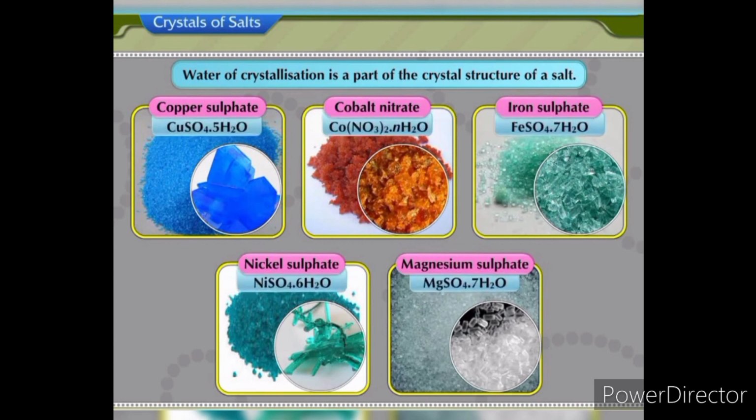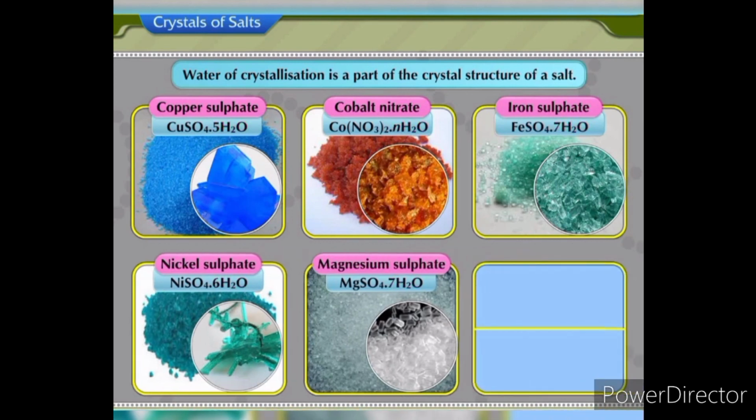Every hydrated salt has a fixed number of molecules of water of crystallization in its one formula unit. Some other examples of compounds with water of crystallization are gypsum CaSO4.2H2O and plaster of Paris 2CaSO4.H2O.